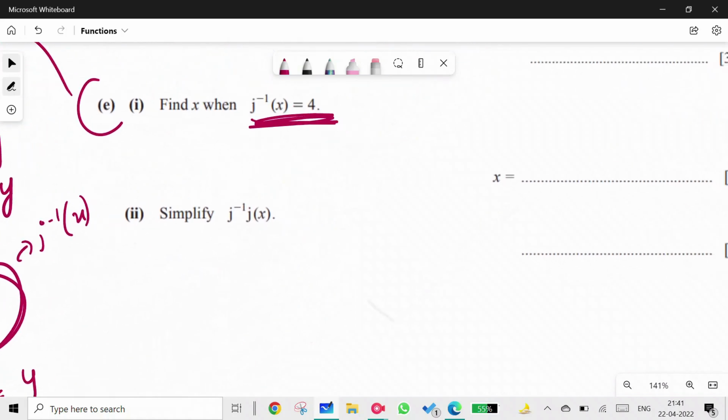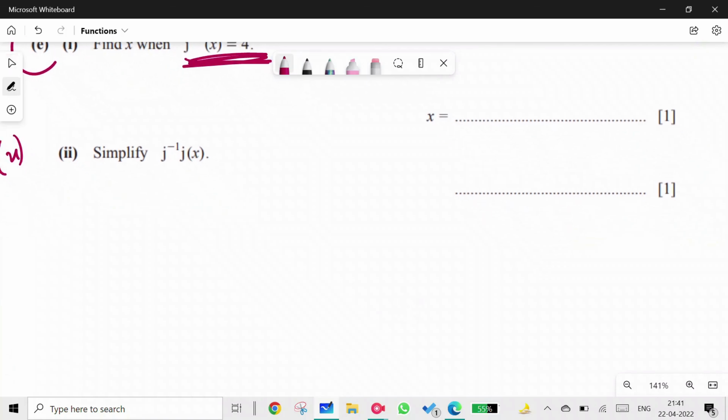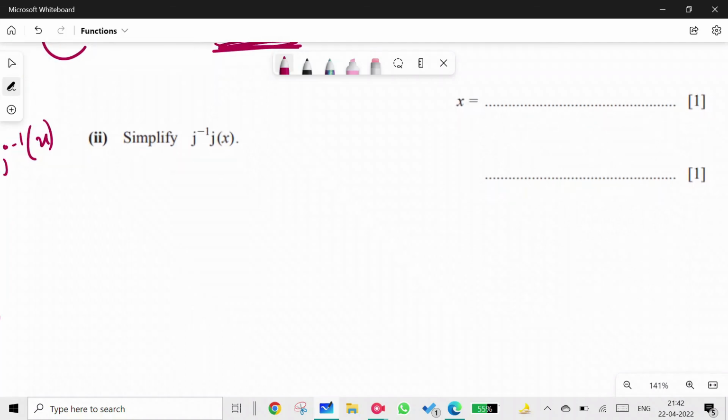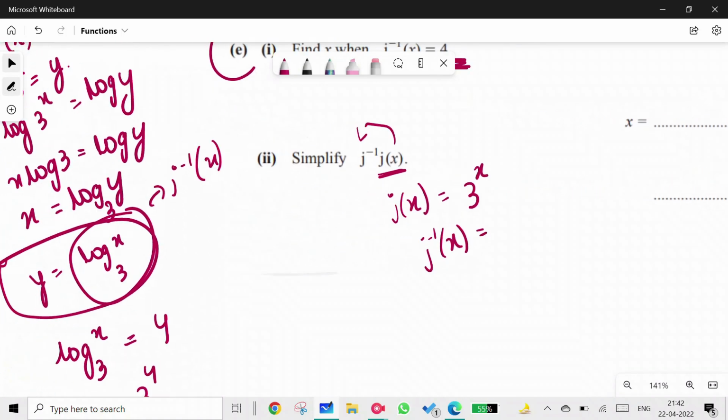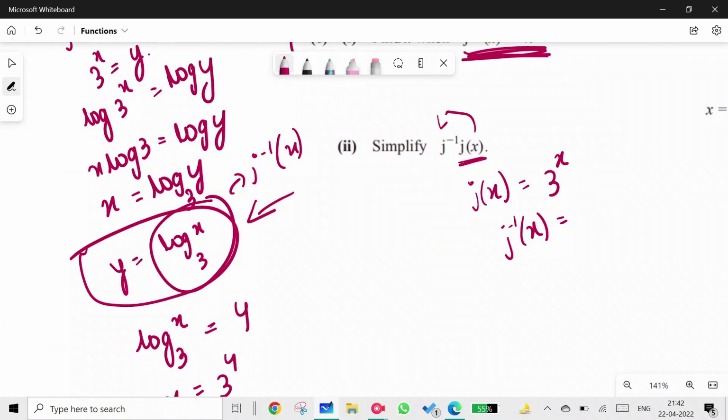Next we have simplify j inverse of j of x. This is again pretty simple. This is a combination of inverse as well as composite function. So let's see how to do that. So j inverse of j of x is simply take j of x and substitute it in j inverse of x. So j of x is basically 3 power x, and j inverse of x, as we have seen in the previous question, is log x to the base 3.